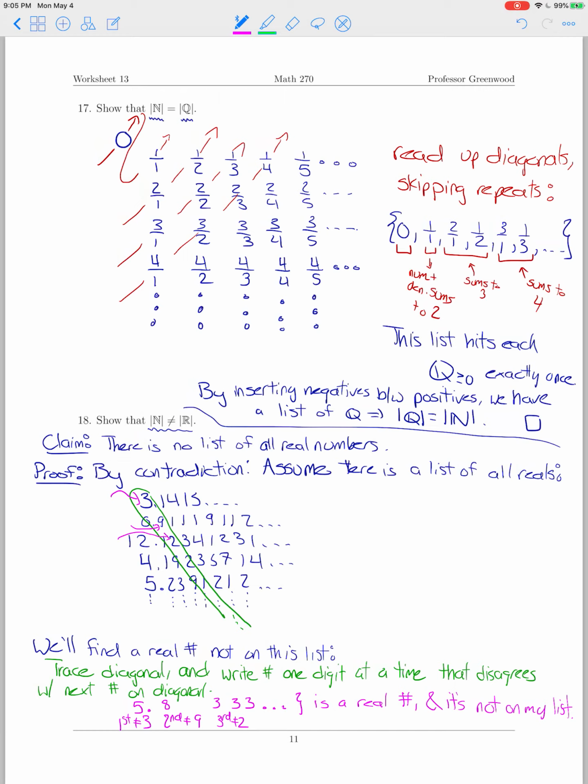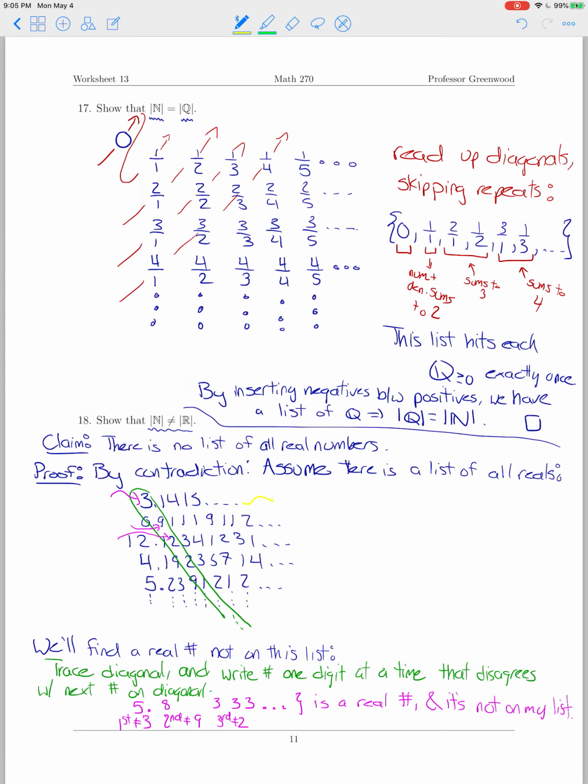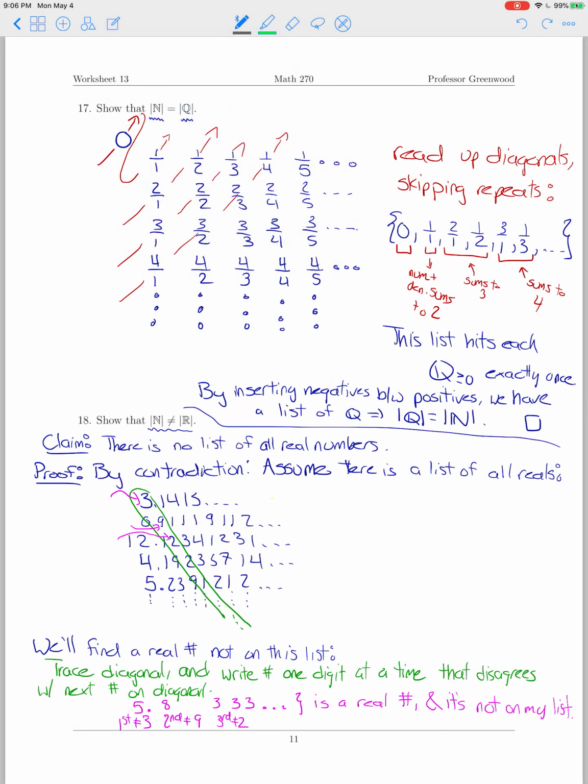And so the reason that it's not on my list is it can't be any of the numbers on my list because one of the decimals in any number on the list was altered when I compare it to this one. And so in other words, if I go back to this list, it cannot be the first number. Let me try a different color here. Gray. And so it can't be the first number on this list because it disagrees in the first digit.